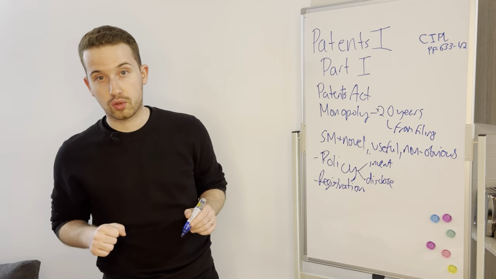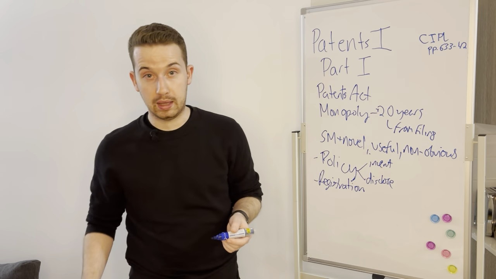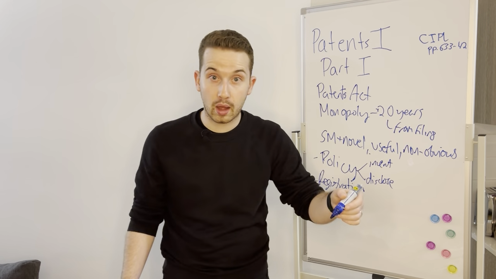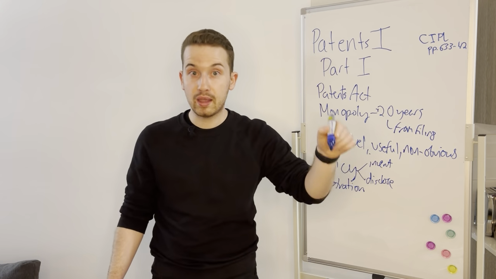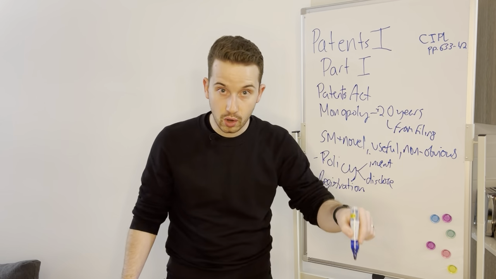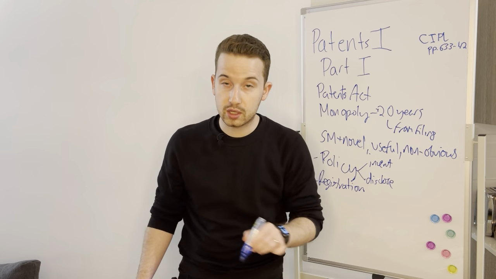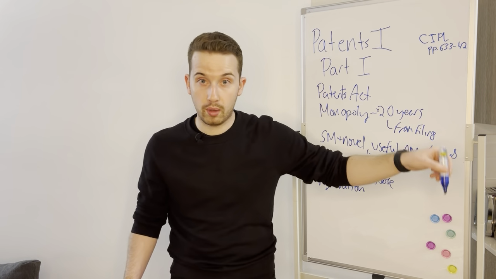Then we said industrial designs. You have to register them. What does that mean? Well, it means that you don't have a protected industrial design until you register. So even if you meet the other conditions, it doesn't count as an industrial design because one of the conditions is registration. And there are cumulative conditions that you have to meet.